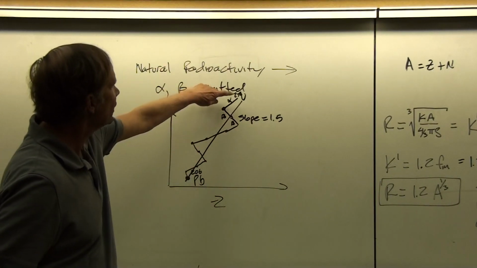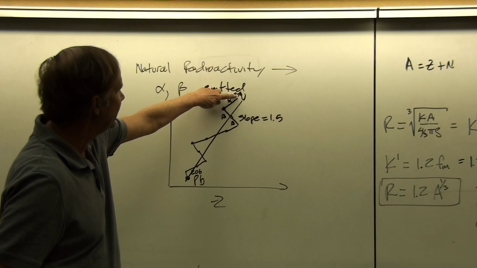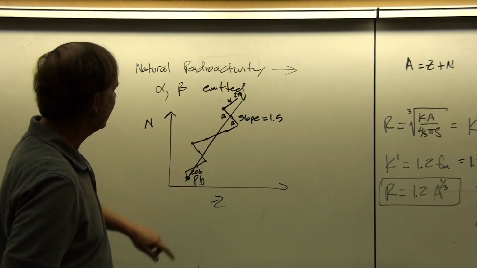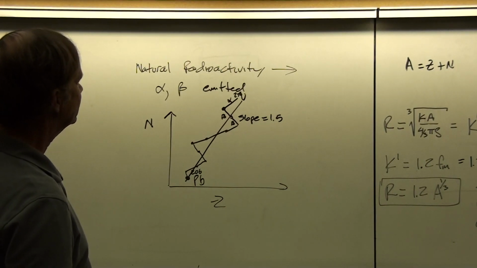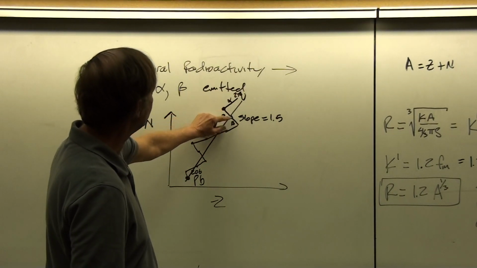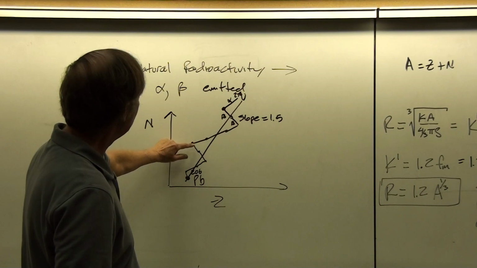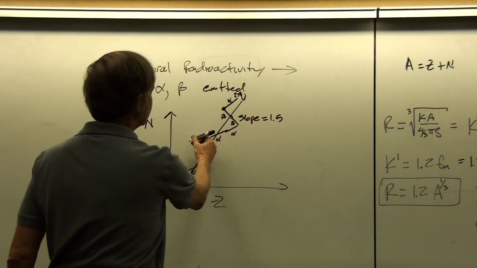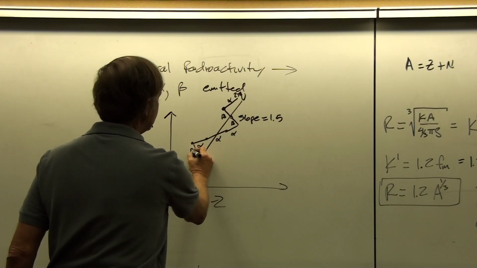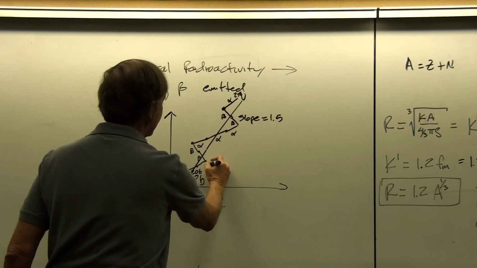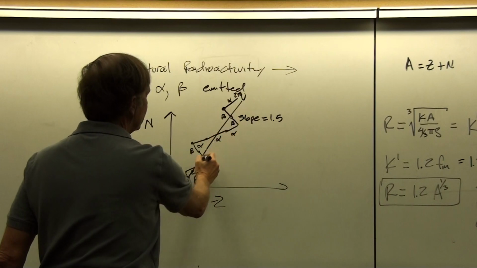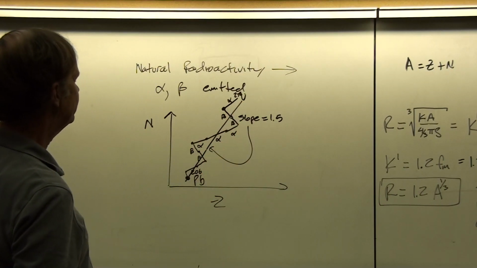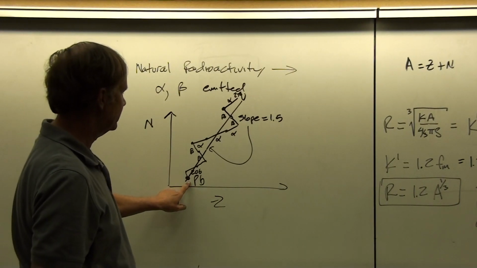So this would be the starting point in our natural radioactivity sequence, and then this would be the finishing point here at lead-206, tending to stay close to that 1.5 line, but then correcting by either alpha decays to move it along this diagonal line or beta decays to move it along this diagonal line, while all the time keeping close to our slope of 1.5 until it reaches a point of relative stability.